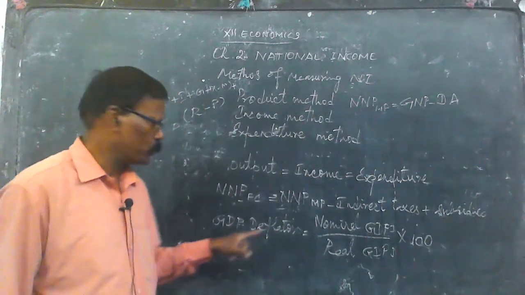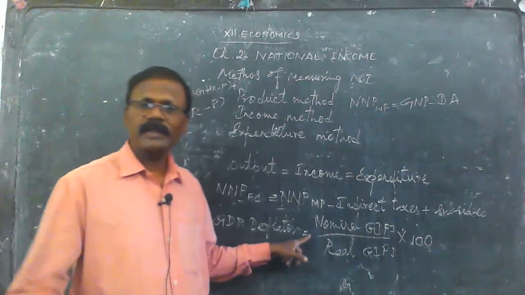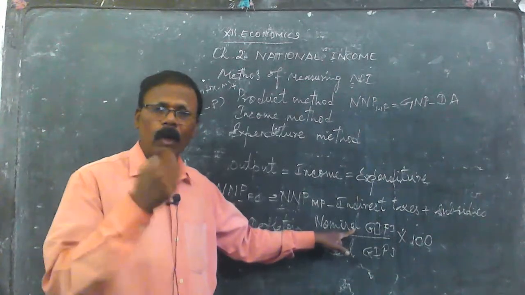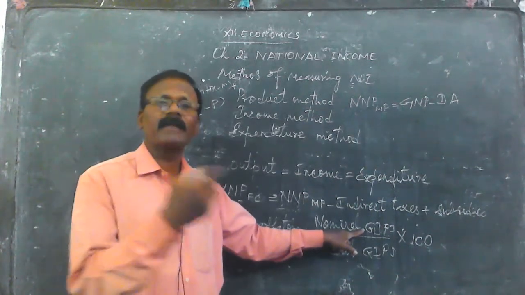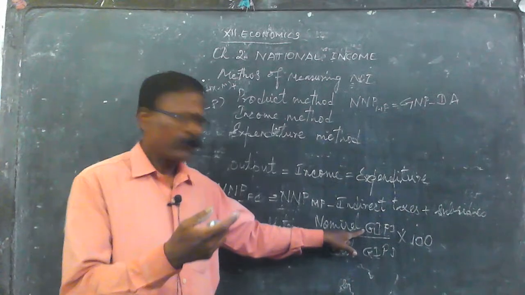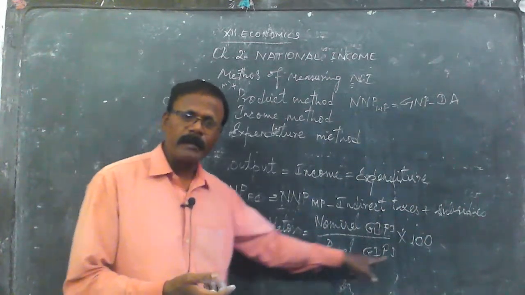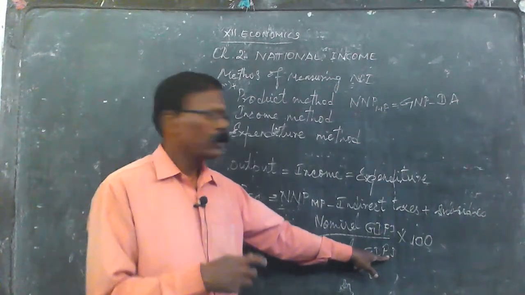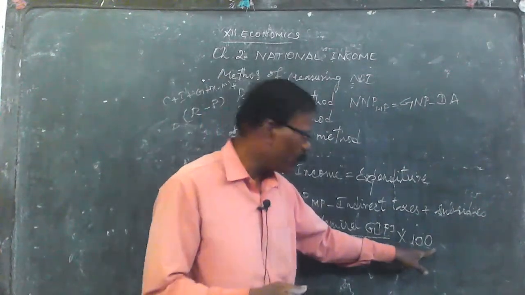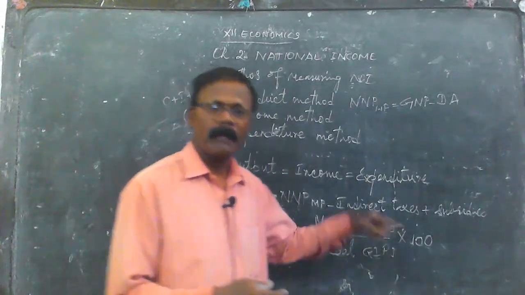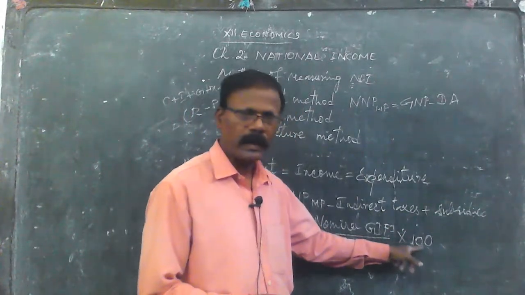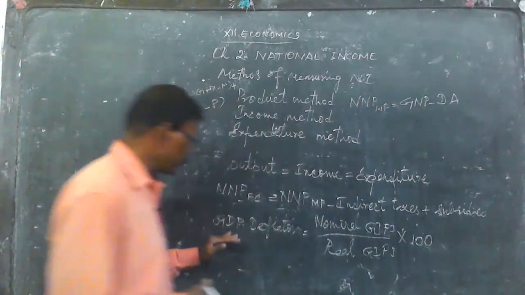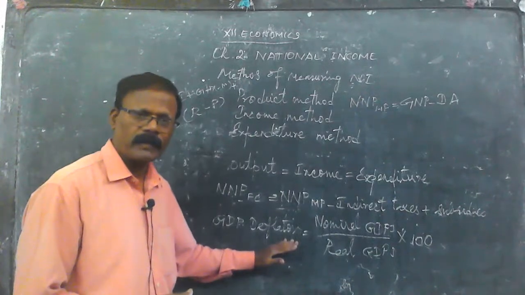Okay, so GDP deflator is derived by dividing the nominal GDP for a given year by real GDP for the same year and multiplying by 100. Understood? So this is how GDP deflator is obtained.